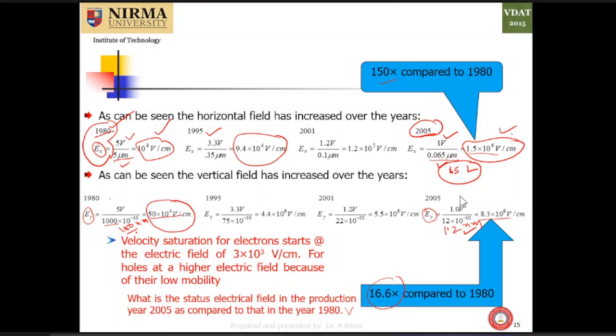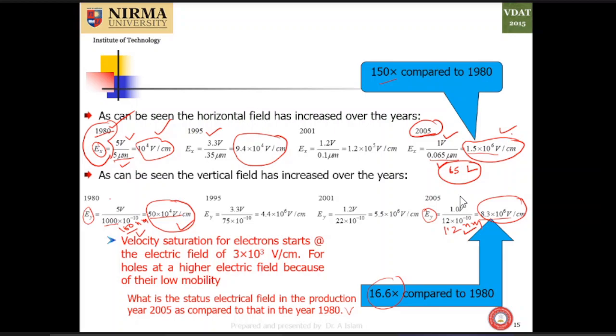We have already discussed the scaling theory proposed by Leonard long back in the early 70s, but his theory has not been followed in the same way. His scaling factor K was 5, whereas industry uses what?